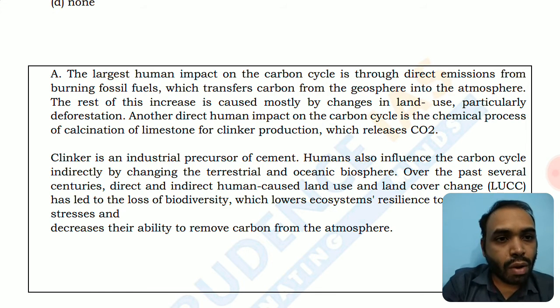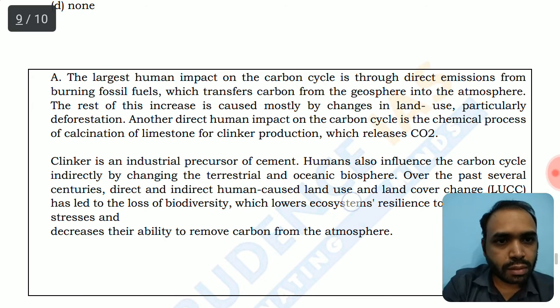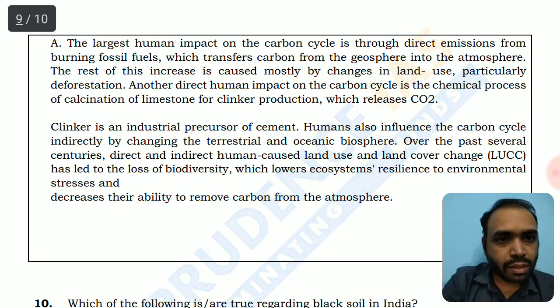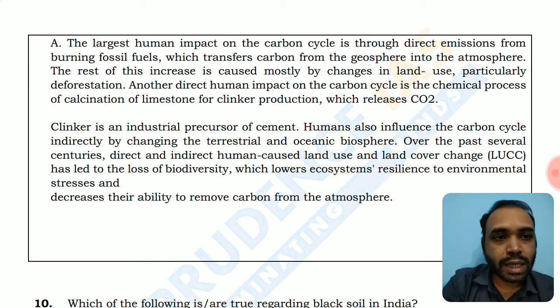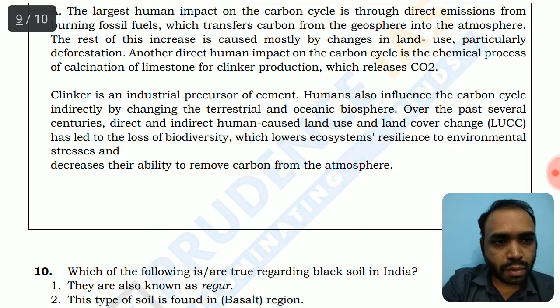And humans also influence the carbon cycle indirectly by changing the terrestrial and oceanic biosphere. So this kind of climatic change of the terrestrial and oceanic biosphere is also going to impact the carbon cycle. Over the past several centuries, direct and indirect human-caused land use and land cover changes have led to the loss of biodiversity, again related to biodiversity loss and climate change, which lowers the ecosystem's resilience to environmental stresses and decreases their ability to remove carbon from the atmosphere.